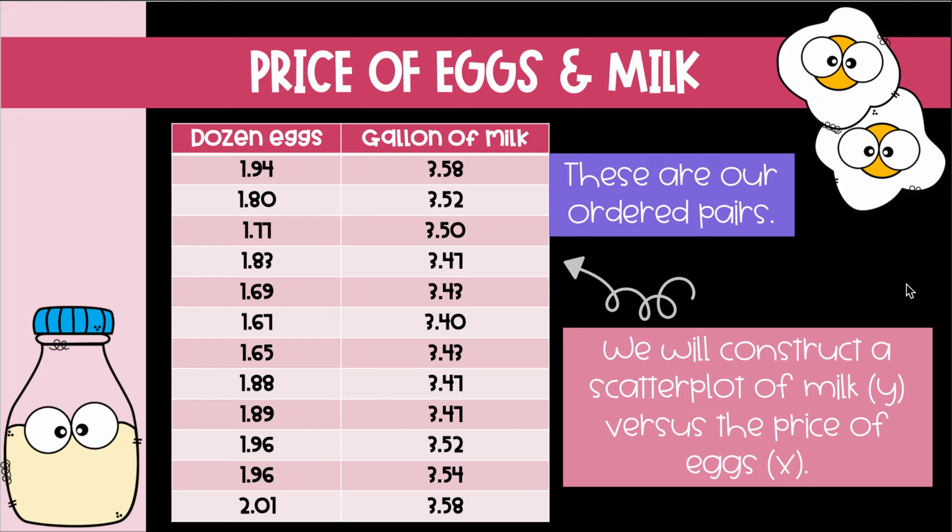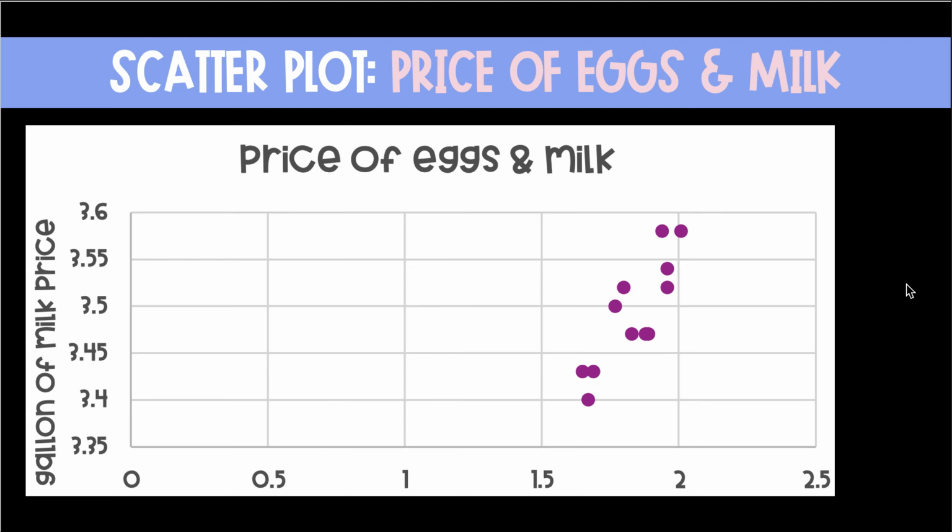Then we're going to construct a scatter plot of the price of milk versus the price of eggs. Milk will be your Y variable. The price of eggs will be your X variable. Here's the graph after we plot the scatter plot. You can choose the range in your X axis and the range in your Y axis to be whatever you want.